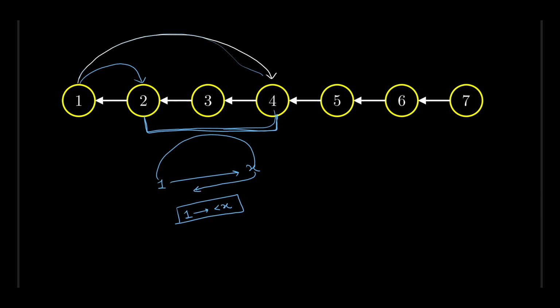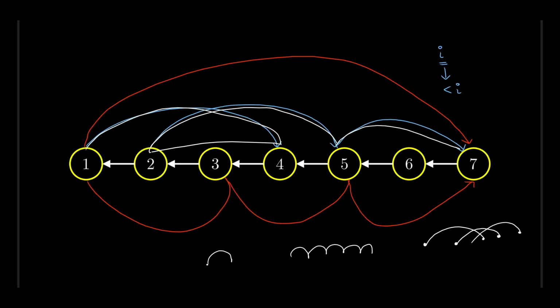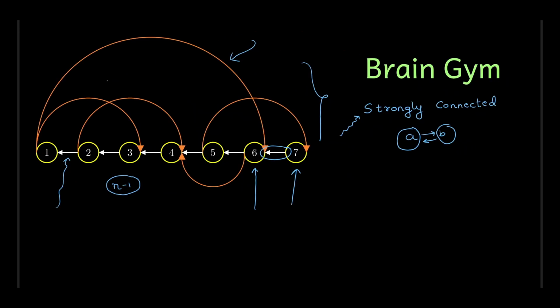So now if I ask you to compute the number of ways to delete the orange edges such that the resulting graph is still strongly connected, you can notice that you can take each edge independently. There are two choices for each edge.